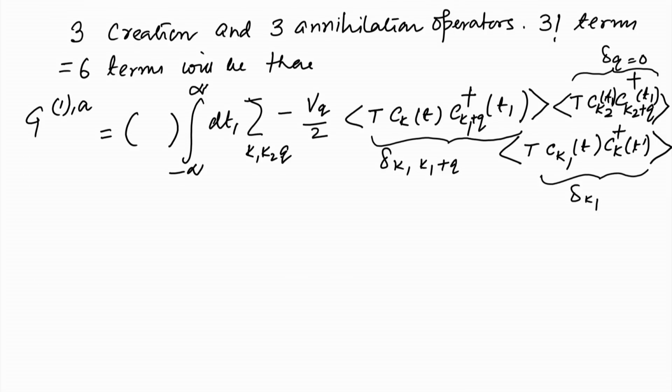And now I will have a term, so this is equal to k1, and then there is a k2 plus q, and then there is a k2 there. Let me write it down a little more neatly.